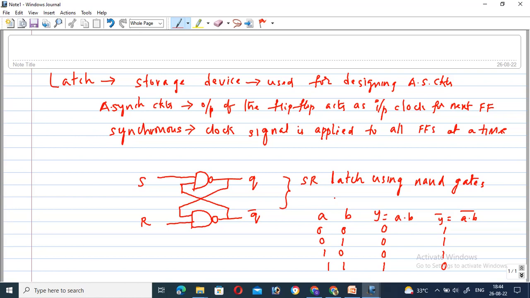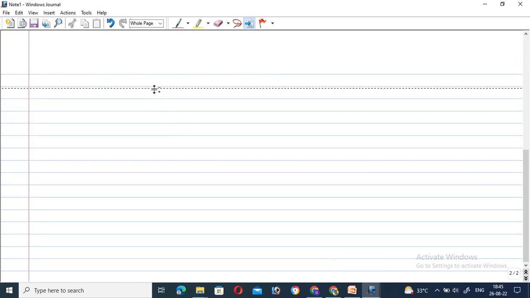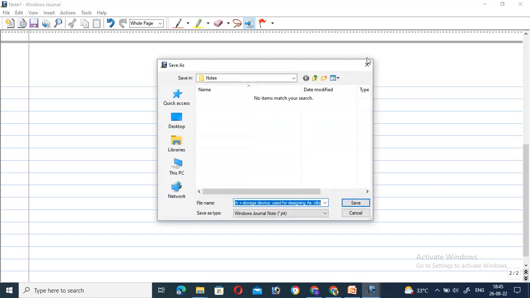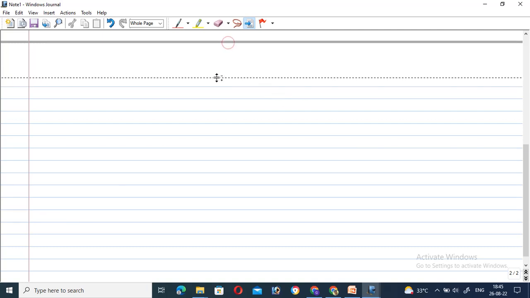Suppose you are applying the input for the latch, so you have to... flip-flop means that it is a clocked latch.